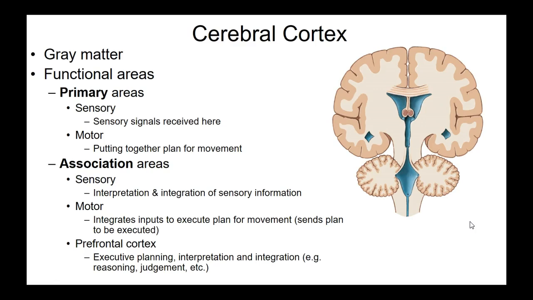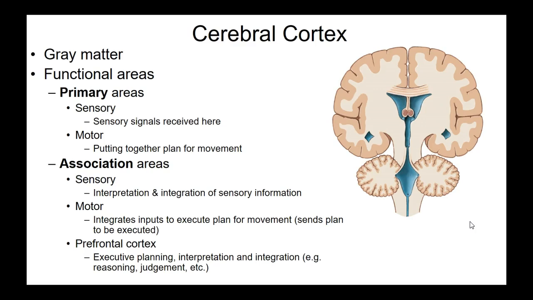Now this is a gross oversimplification of how the brain works, or at least the cerebral cortex. But I think it's a good starting point for folks who haven't seen functional areas of the brain. We can break these areas of the brain into probably two broad categories, and these areas can be located in different lobes.